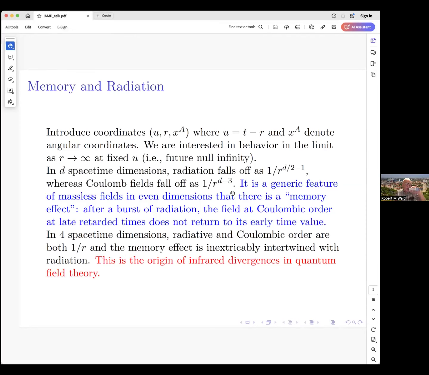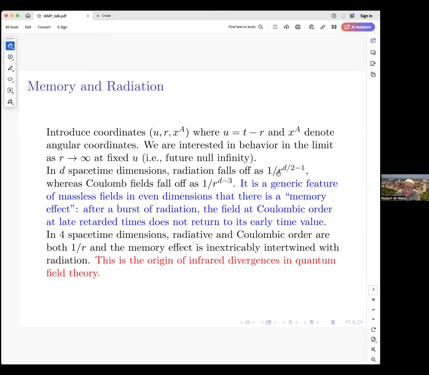Now, it's a completely general phenomenon that for solutions of the wave equation, there will be a memory effect in even dimensions at Coulombic order, in the sense that after some burst of radiation, the field at Coulombic order will not, at late retarded times, return to its early time value.